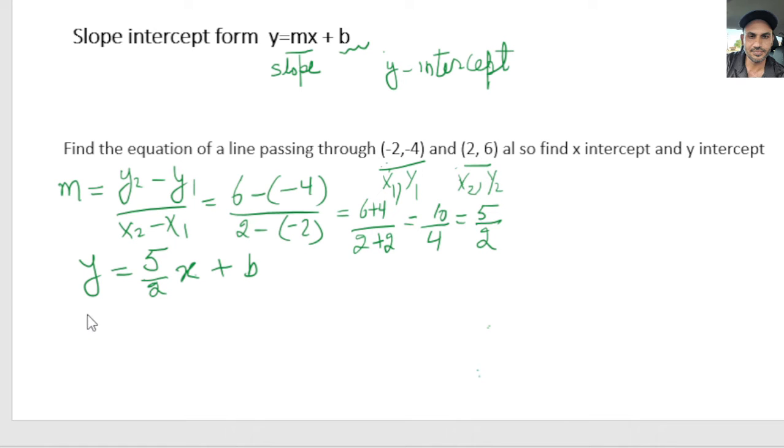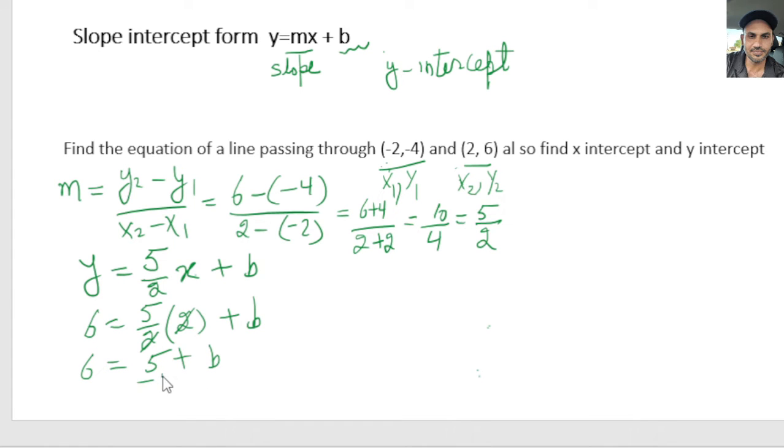So if I use this point, y is equal to 6, 5/2 times the x value, which is 2, plus b. Now we simplify this. So 6 equals, this 2 and 2 cancel each other, so it's 1. So we're left with 5 plus b.